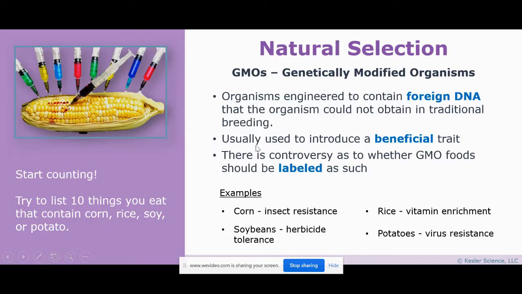We usually do it to introduce a beneficial trait, such as making it more insect resistant, herbicide tolerant, with more vitamins, less able to fall prey to viruses. However, just like when we talked about CRISPR and designer babies, we don't know sometimes when we mess around with the DNA if we're causing an issue somewhere else in the genetic code.